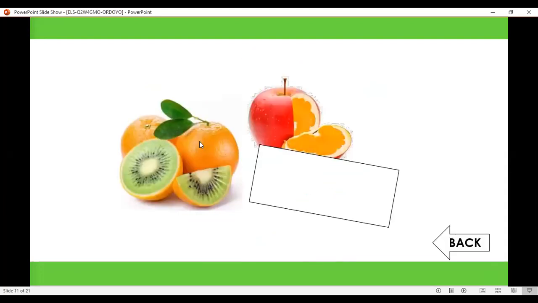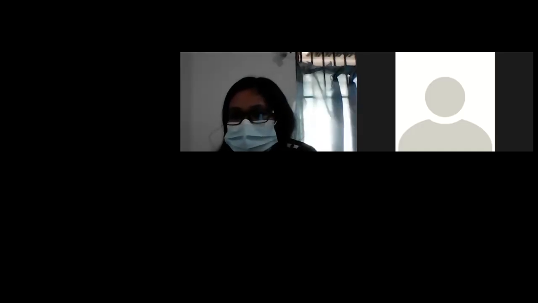So for our last picture, there's an orange, and inside of it is a kiwi and an apple with an orange. So what do you think? Is it a fact or a bluff? So let's check.